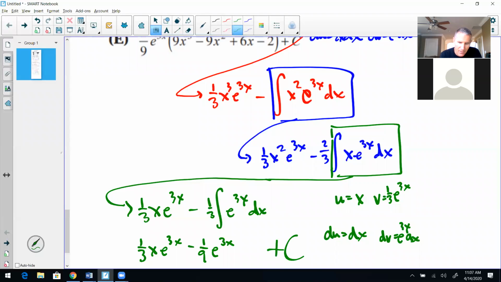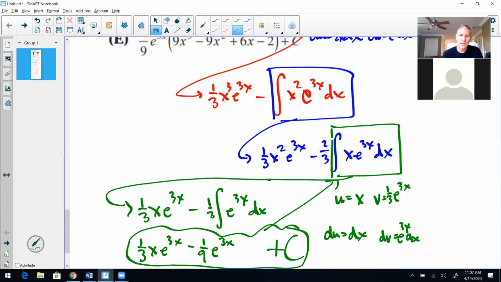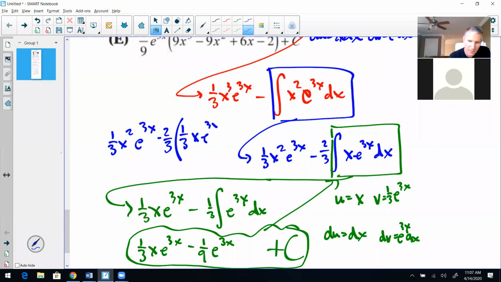But this right there is just what was inside right there. So let's go back up. In blue, this would be 1/3 x squared e to the 3x minus 2/3 times that, which is 1/3 x e to the 3x, and then minus 1/9 e to the 3x.